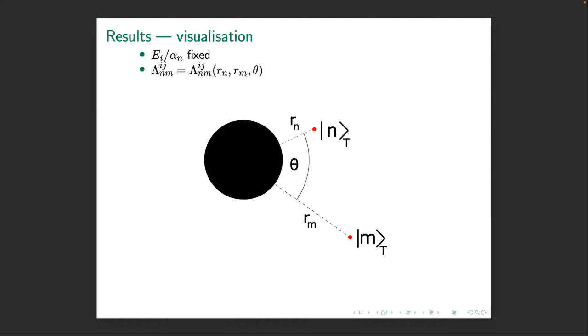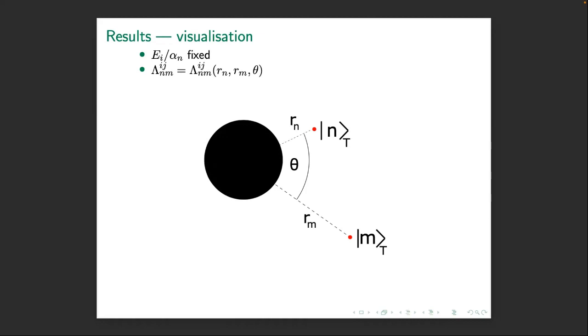So we fix the ratio of the energy divided by the gravitational time dilation factor, and then the coefficient lambda becomes a function of just the trajectories. To be more precise, of the radial distance of trajectory m and the angle between these two trajectories.